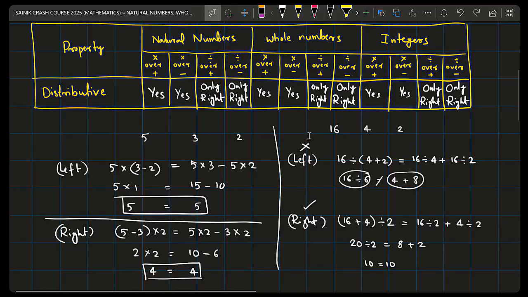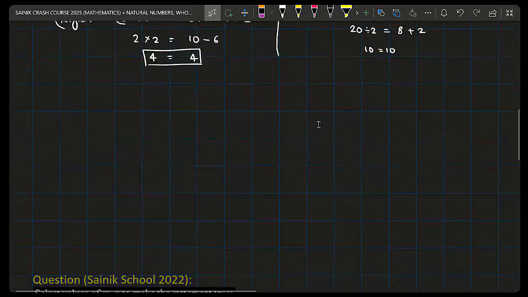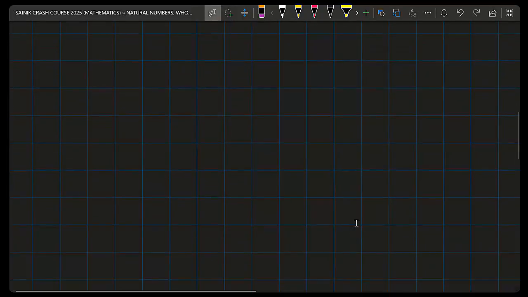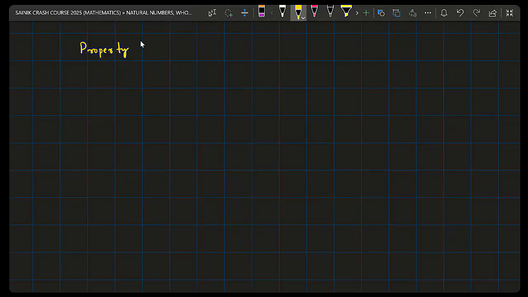Okay, we are going to continue the next property. So here I'll write the property name and write natural numbers, whole numbers, integers.